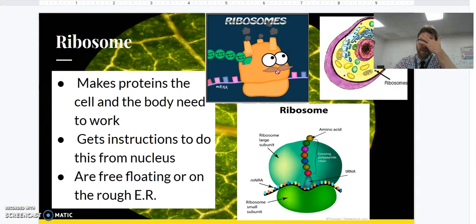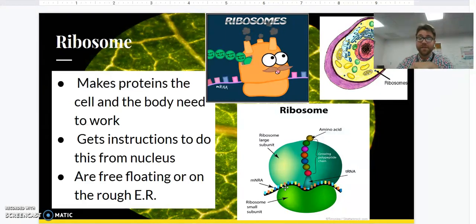Besides mitochondria, the other organelle that makes things are ribosomes. Ribosomes make proteins. They're like little factories. Look at this little factory of a ribosome just making proteins, linking these amino acids. Now, ribosomes make proteins by getting instructions from the nucleus. It gets instructions from the nucleus, and the instructions that are sent to it are the mRNA. mRNA is the messenger RNA.